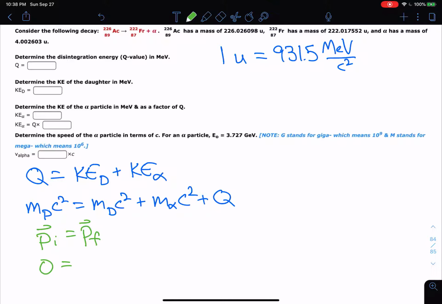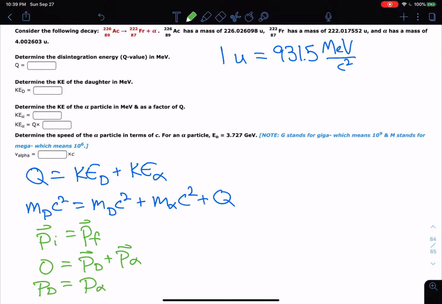Afterwards, we have the daughter nucleus and the alpha particle. Their momentums have to add to zero. These are vectors, so the two vectors must be anti-parallel and equal in magnitude. That means the magnitude of the momentum of the daughter has to equal the momentum of the alpha particle.